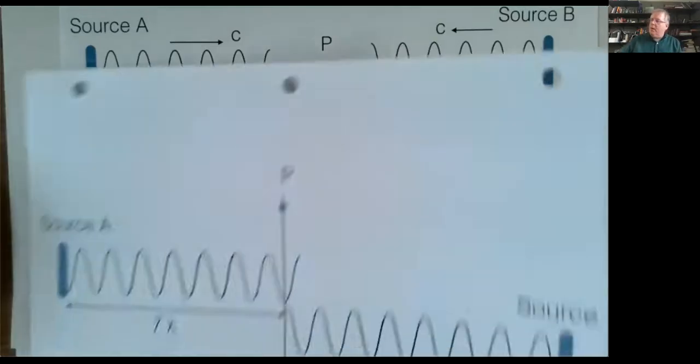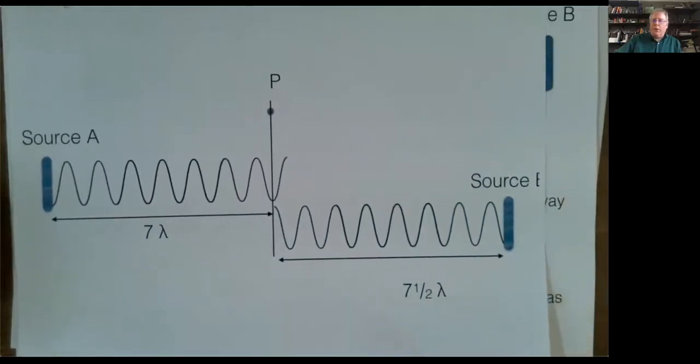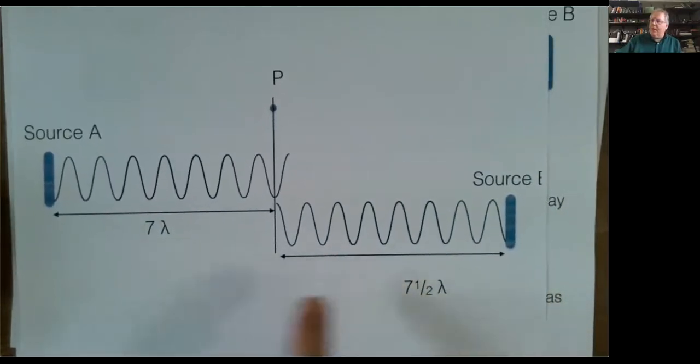A is the right answer here, right? So you remember this picture. So this is 7.5 and 7 instead of 10.5 and 10.